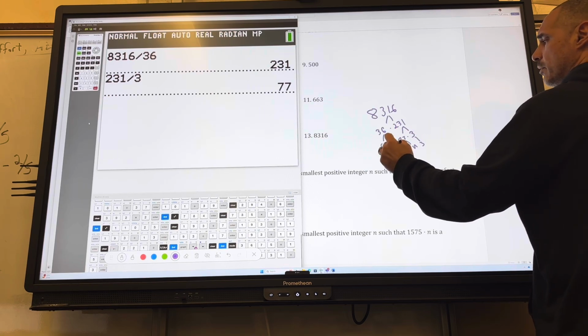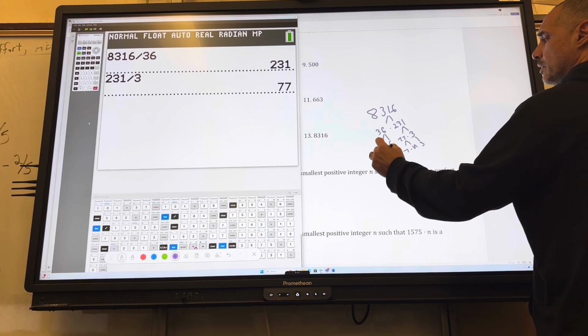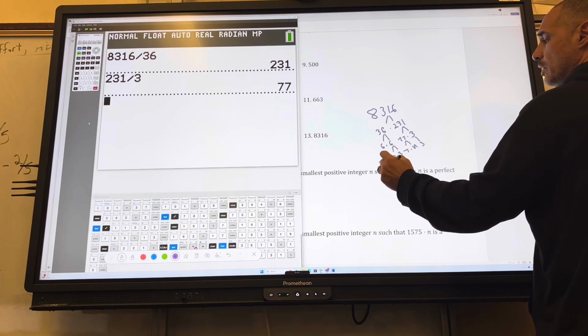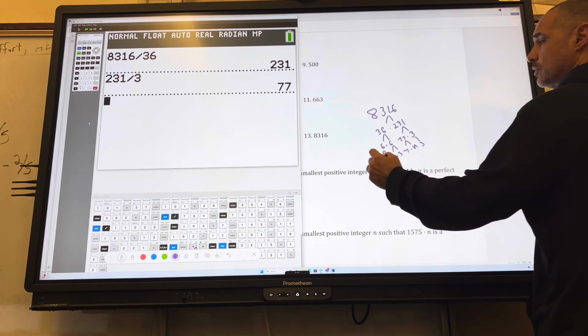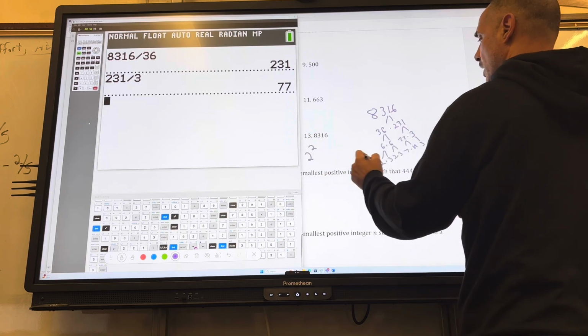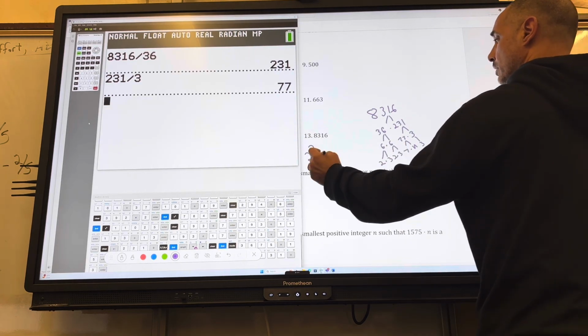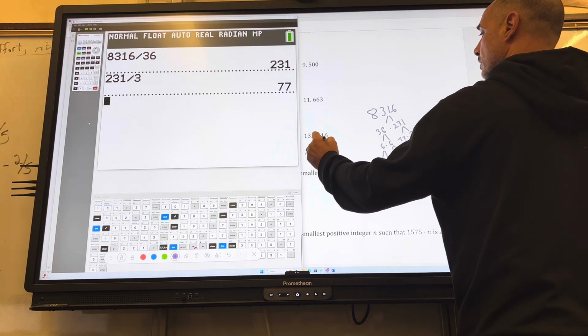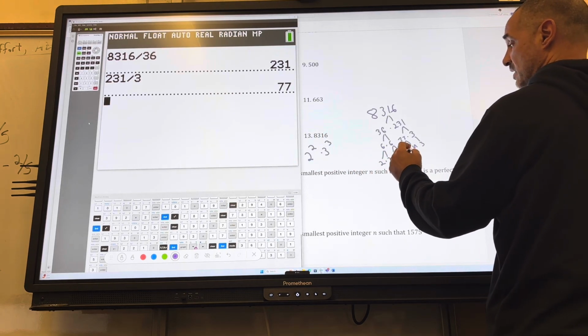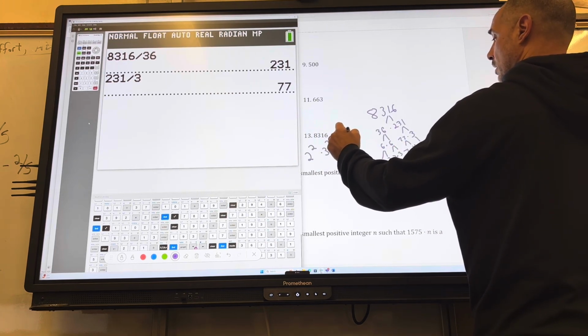The 3 comes down. 6 is 2 times 3. This 6 is 2 times 3. So I have 2 2s, 2 squared. And then I got 1, 2, 3 threes, 3 to the third, and then I have a 7 and an 11.